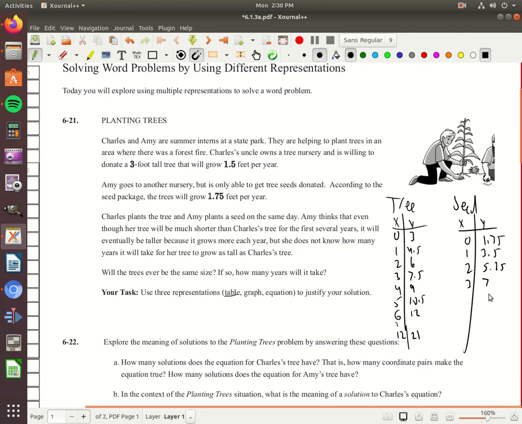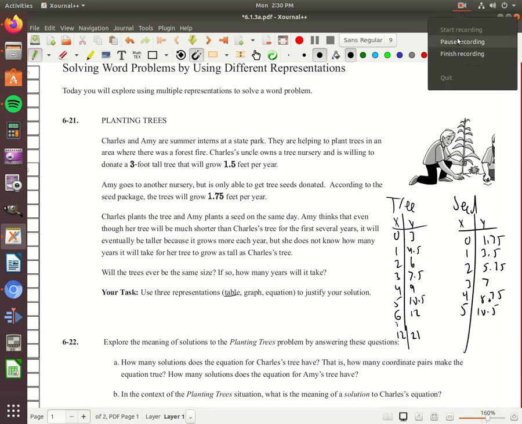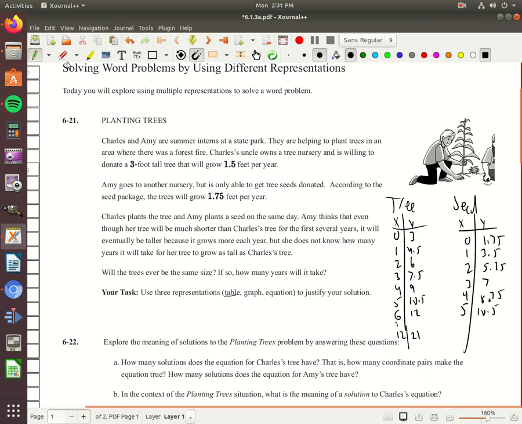I don't know if I did this wrong, why am I catching up so quickly? Anyways, in year 4, it would be 8.75. In year 5, it would be 10.5, which I'm almost positive is wrong, so I'm going to pause this real quickly and see where my mistake is. I'm going to find my error.